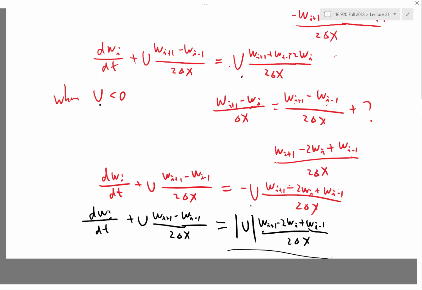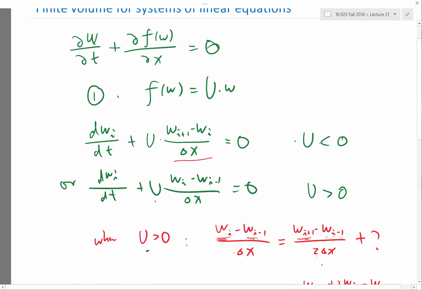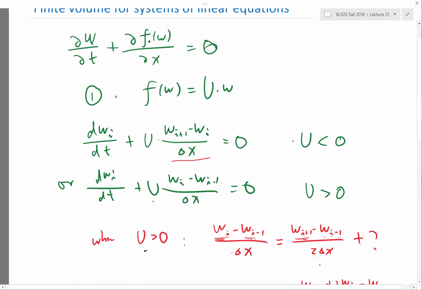And the key point is that how much numerical dissipation I add is the absolute value of the wave speed, the absolute value of the derivative of f with respect to w. If the wave travels faster, I need to add more numerical dissipation. If my wave travels slower, I add less numerical dissipation.